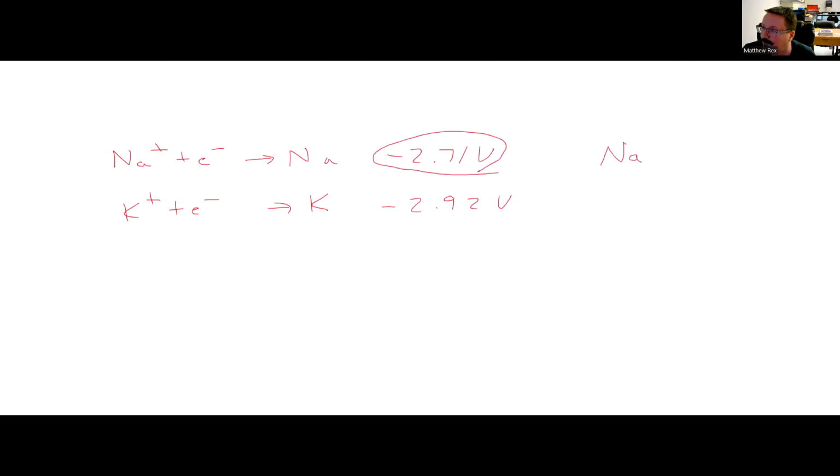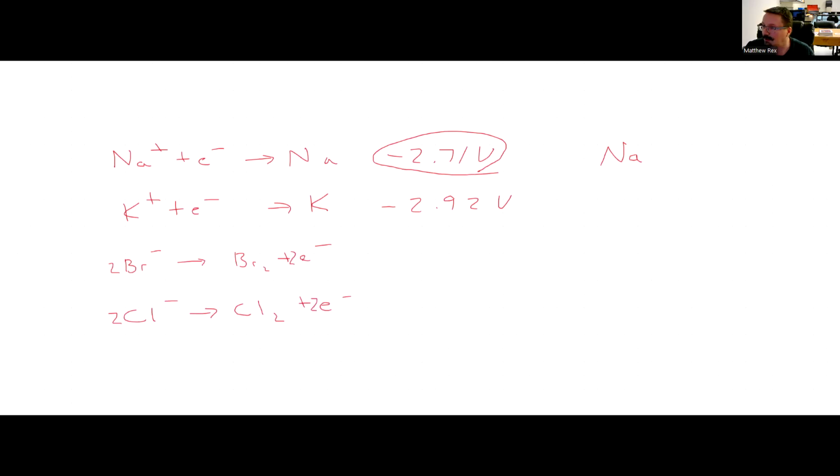For my oxidations, we're going to have the oxidation of Br minus forming Br2. The other oxidation is the chloride, 2Cl minus, each one losing an electron. There should be a 2 in front of that, and a 2 in front of that.